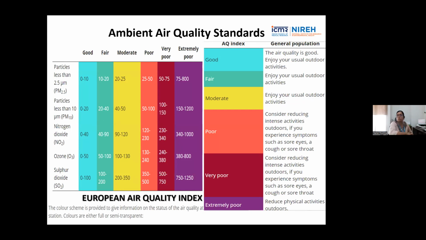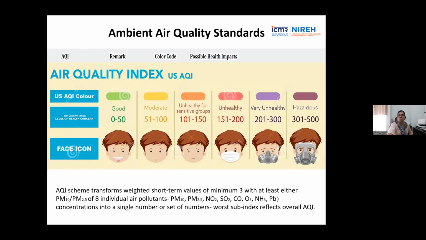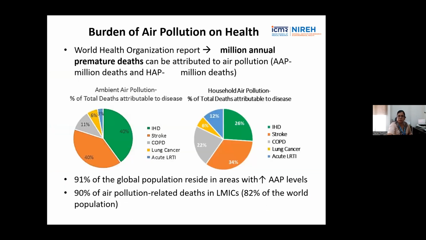Here, I have shown the European Air Quality Index. An almost similar one occurs in the US also, but the numerical comparison and the index calculations vary slightly. It is according to the country itself. So there are minimal changes, but similar quality indices are used around the globe.